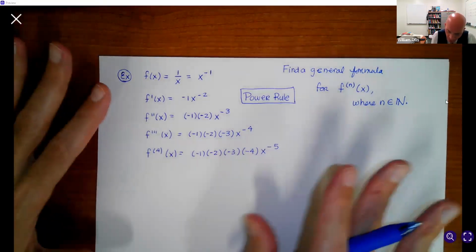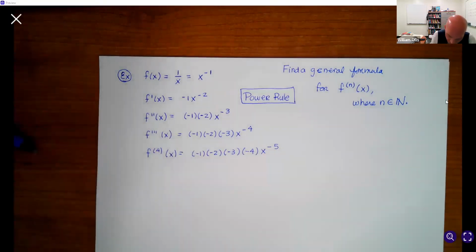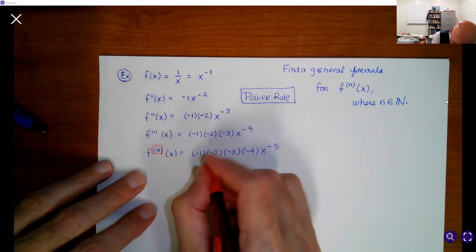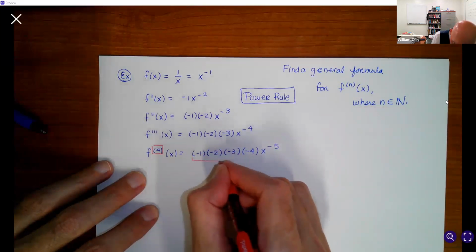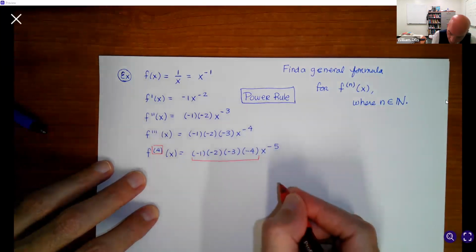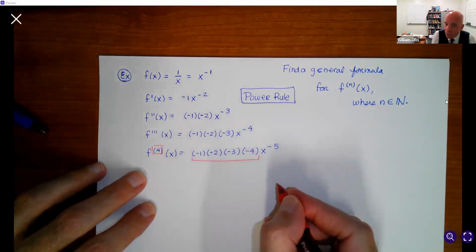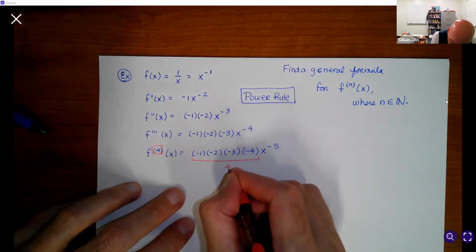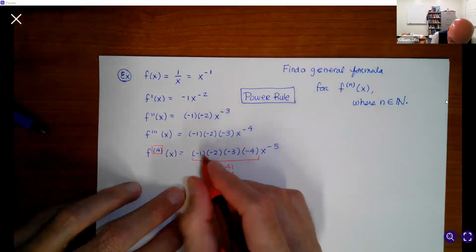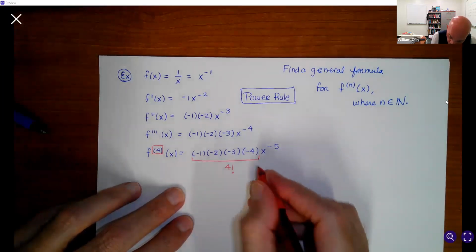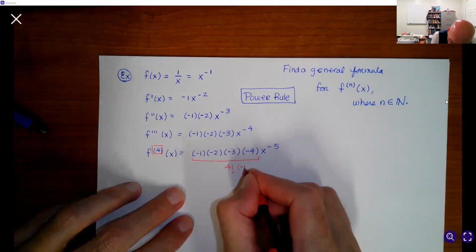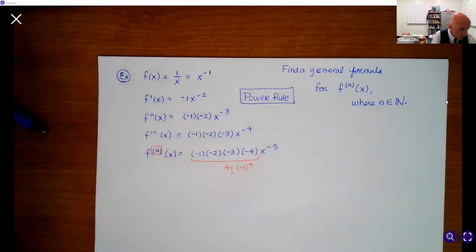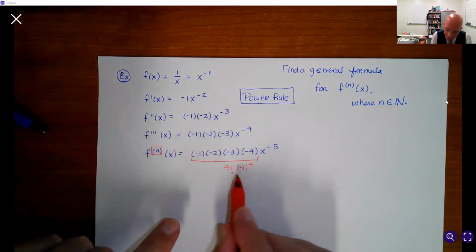Now we want to make a comment here: we see we have the 4, and we also have the 4 factorial there. So this gives us a 4 factorial, and it also gives us 4 negatives. So we have -1 to the 4th. That's kind of interesting.